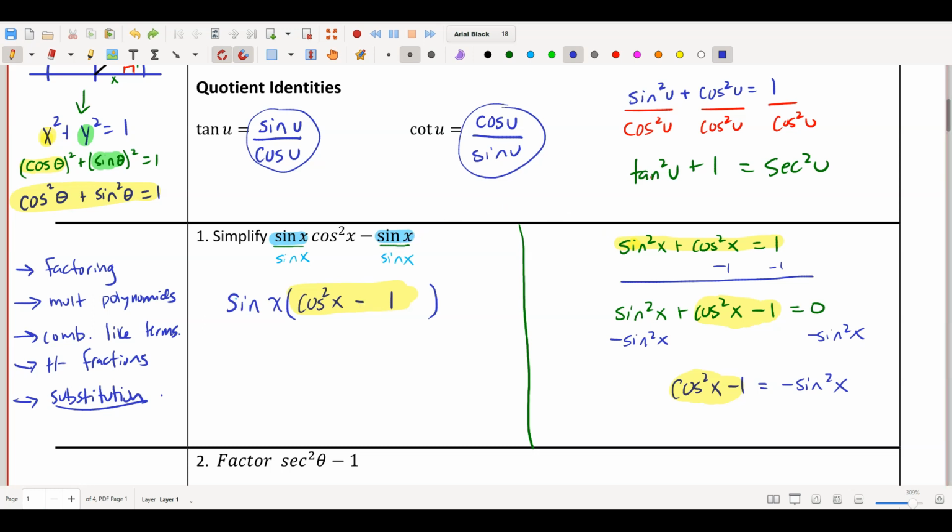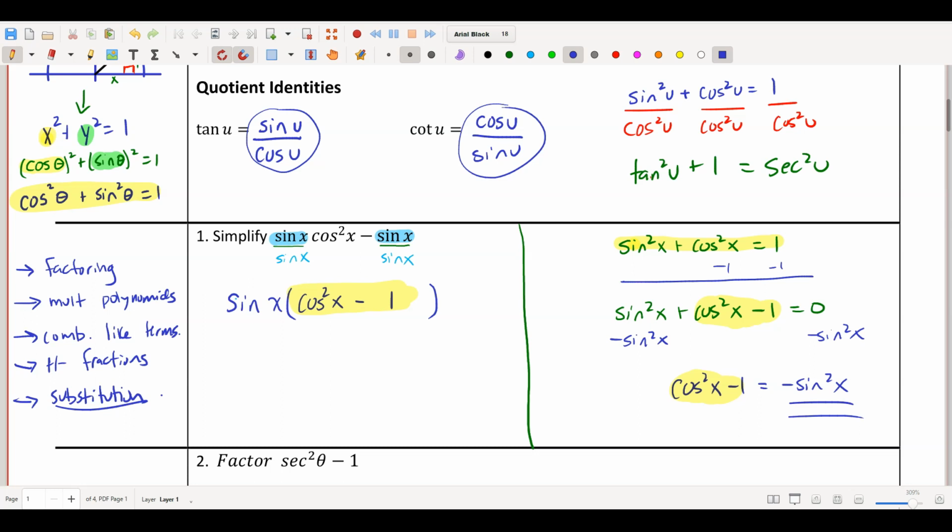It's kind of like if you're doing a little jigsaw puzzle, you think you have the right piece, but it doesn't fit until you move it, you turn it around, and then you try to make it fit, and you're like, okay, now it fits. This is the right puzzle piece right here, but we just had to change it around a little bit so it fit our current situation right there. Cosine squared minus 1, you can see, is equivalent to negative sine squared.